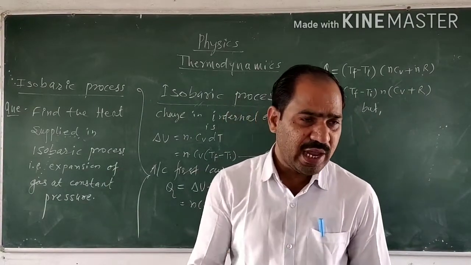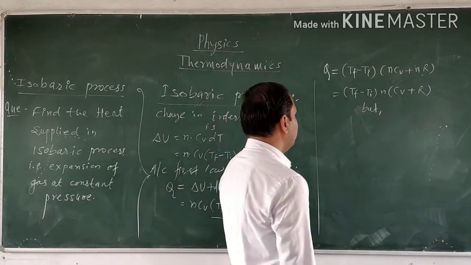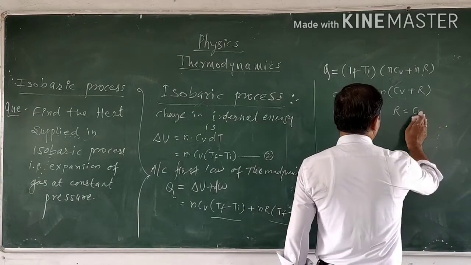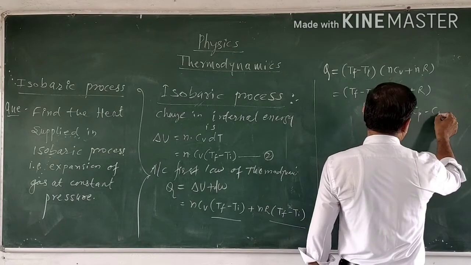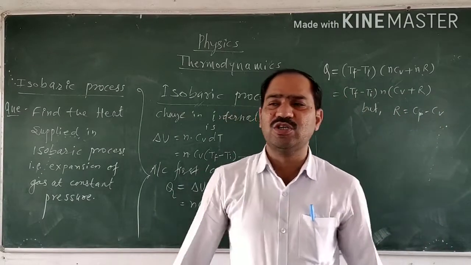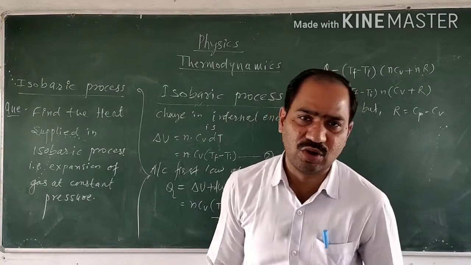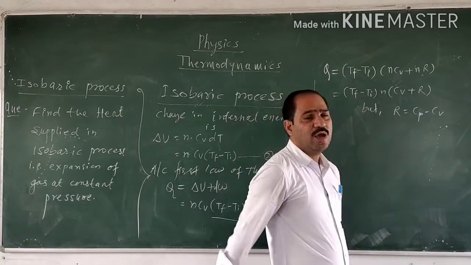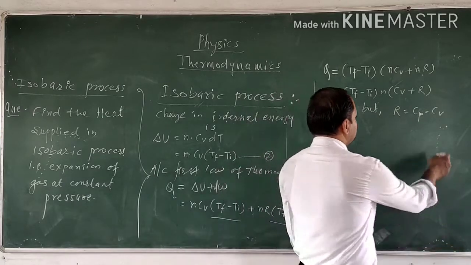This is a well-known relation in the physics of thermodynamics. Here R is equal to Cp minus Cv. It means the difference between the specific heat at constant pressure and the specific heat at constant volume is equal to the universal gas constant. This is called the Mayer's relation.